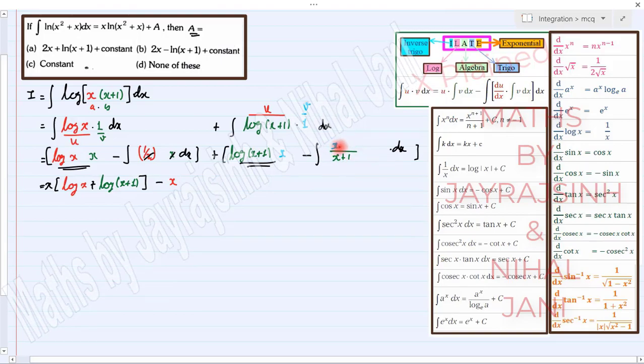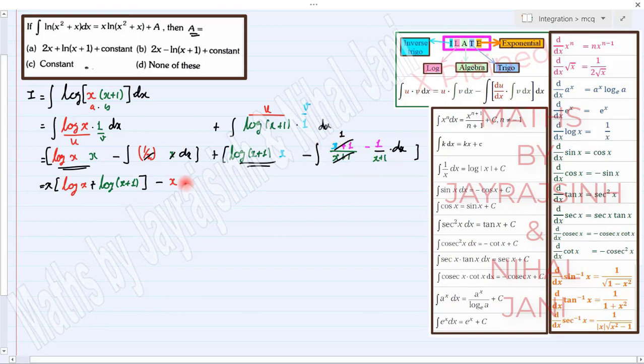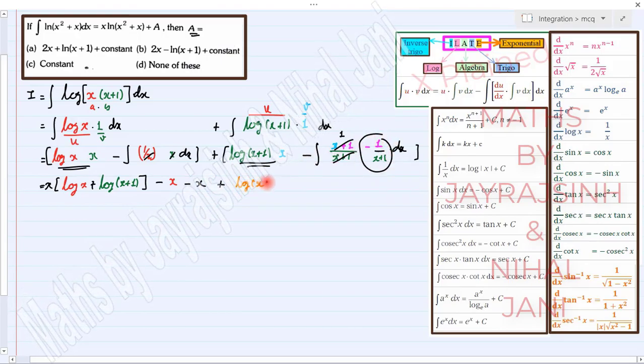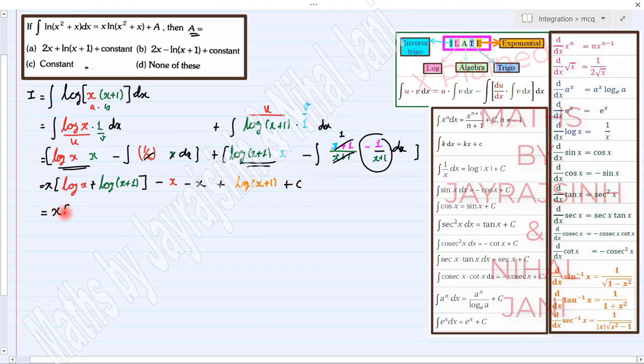So to get plus 1, let's add and remove 1 and give individual denominators. So x plus 1 will cancel out and we just have to integrate 1, which will be x, minus minus plus integration of 1 upon x plus 1 will be log of x plus 1 plus c. So here your x will be as it is.